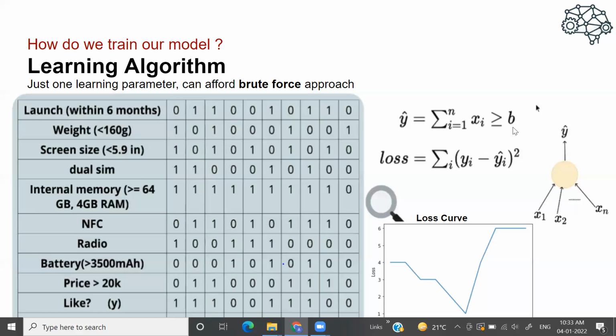So the optimal value of b would always be between 0 and n, where n is the number of input features. Okay, agree to this point?